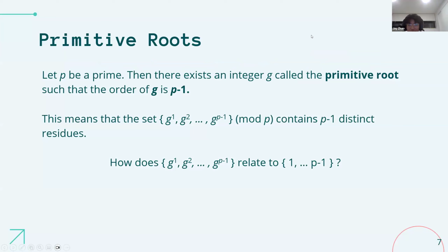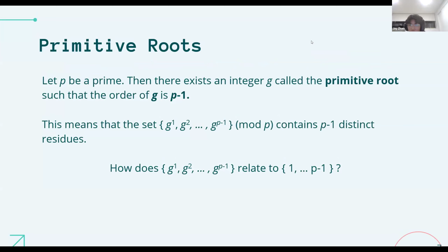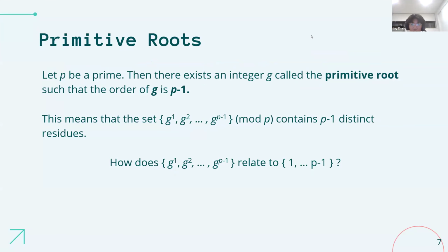Okay, so now we're going to move on to the idea of a primitive root. A primitive root is an integer g. We can call it a primitive root mod p if when you take g to the power of 1 and so on, the order of it is p minus 1.